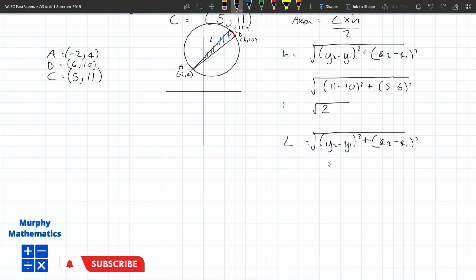So C and A, so I've got 11 minus 4 squared plus 5 minus 2 squared, all square rooted, which is root 7 squared plus 7 squared. So that's going to be root 98, which gives me 7 root 2.